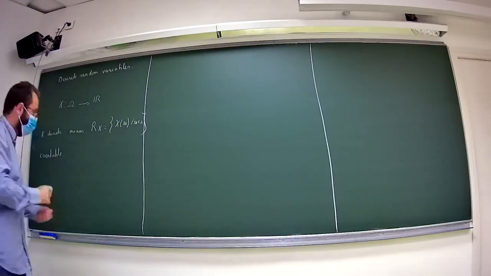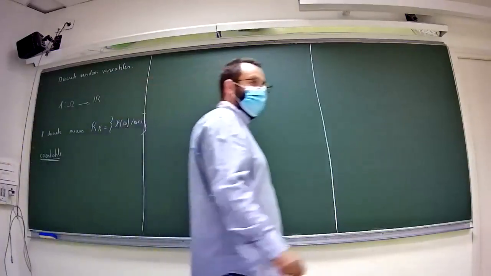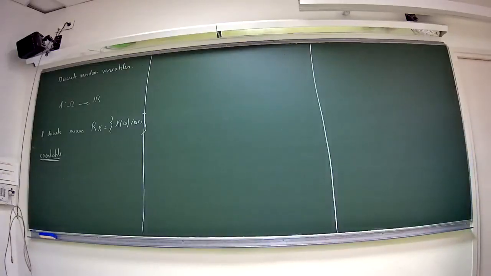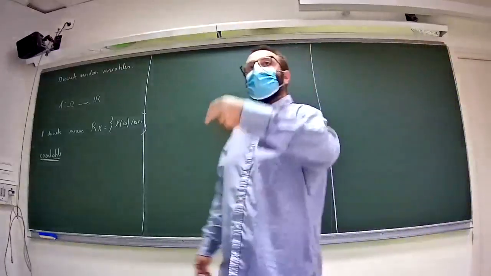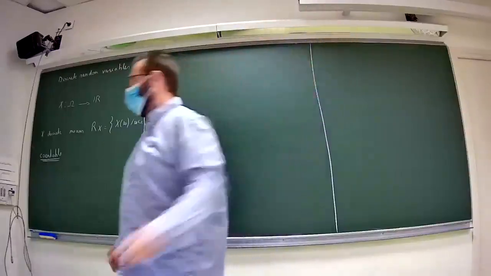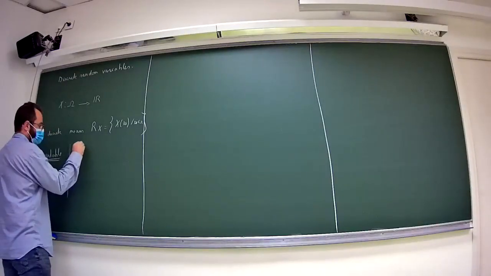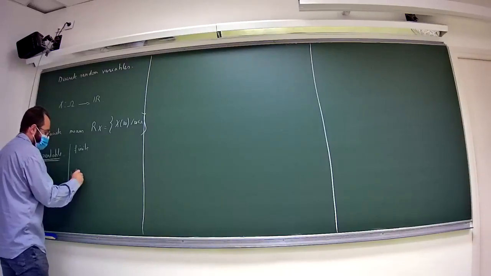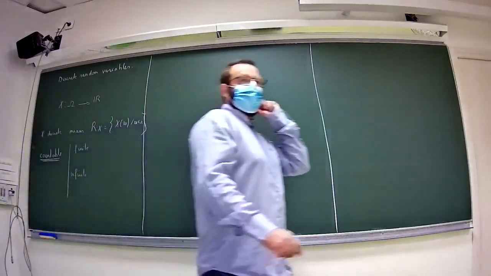Okay? In the prerequisite of the course, you have the definition of what it is to be countable. You have two situations, in fact. You can be finite, okay? So you can take a finite number of possible values. Or you can be infinite, but not too much.